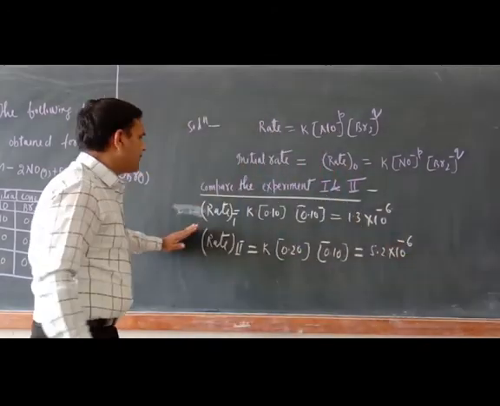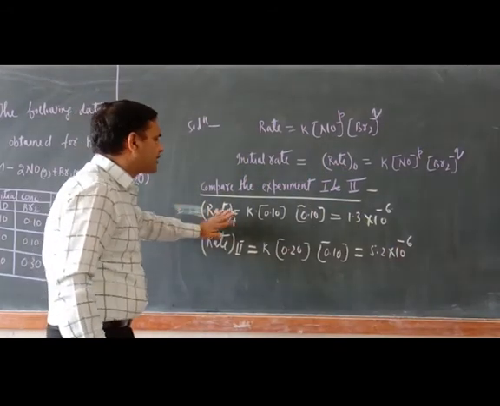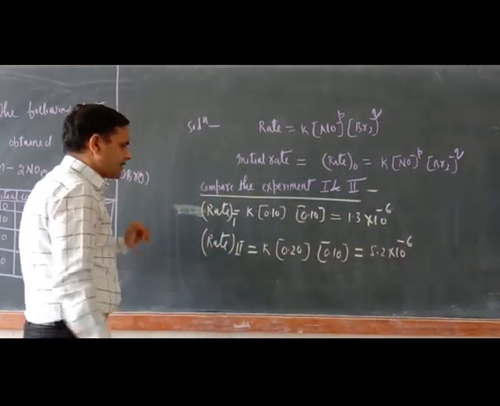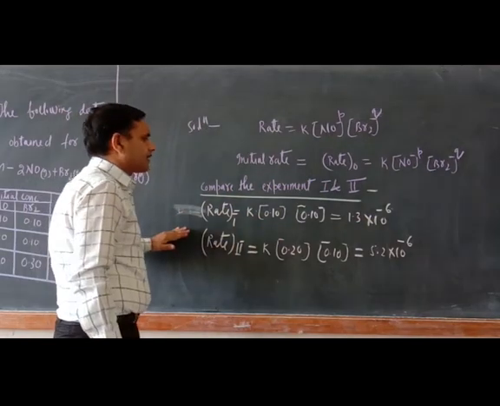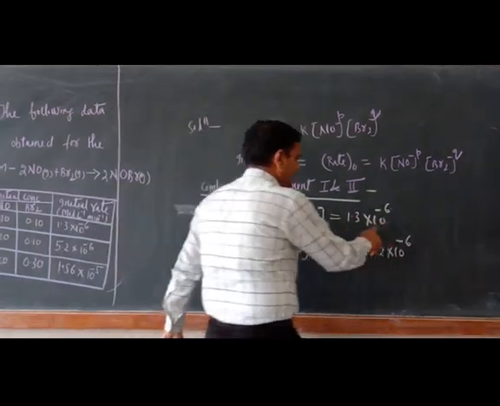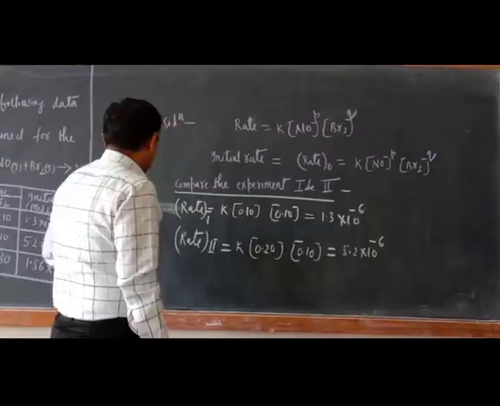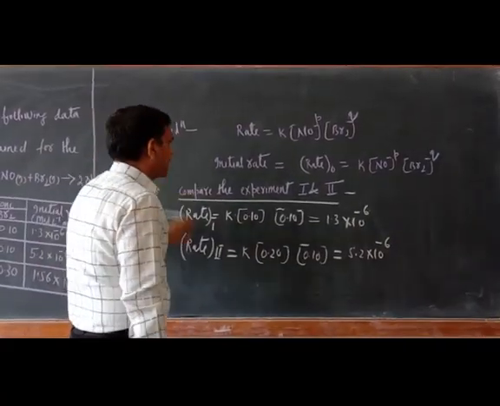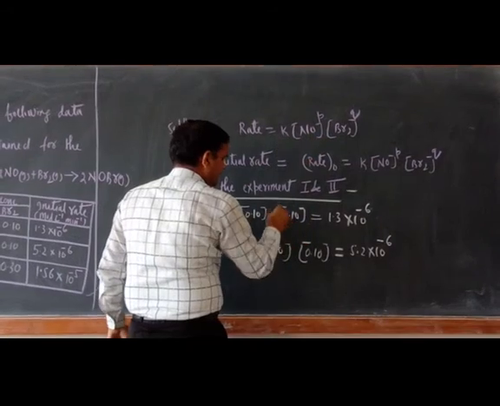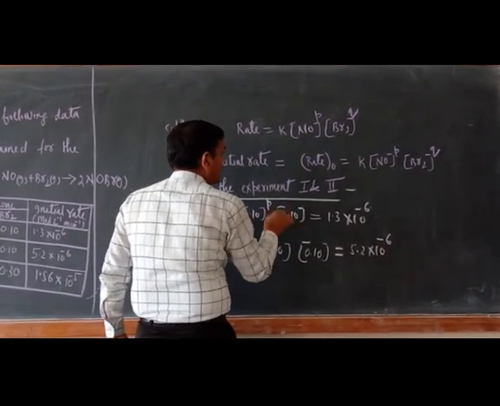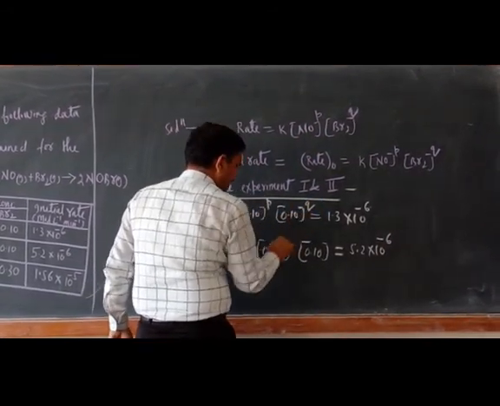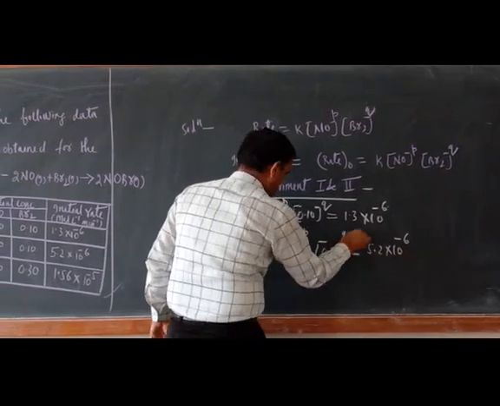Now we have made this into equation form. This is experiment first, this is experiment second. Now what was our rate law expression? Rate law expression was this one, so here P, here Q, here also P, here also Q.